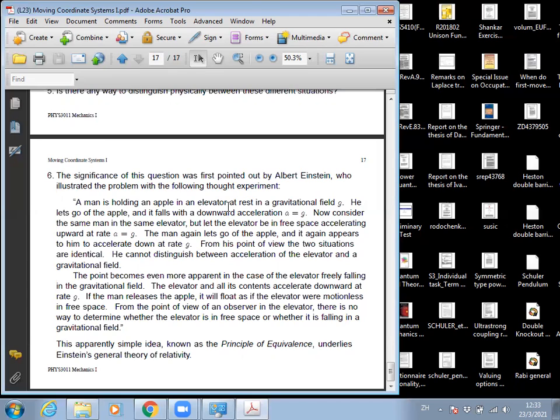So from now on, keep this in mind. A uniformly accelerating frame can be transformed into, or is equivalent to, an inertial frame, provided that you have added the correct fictitious force to it.